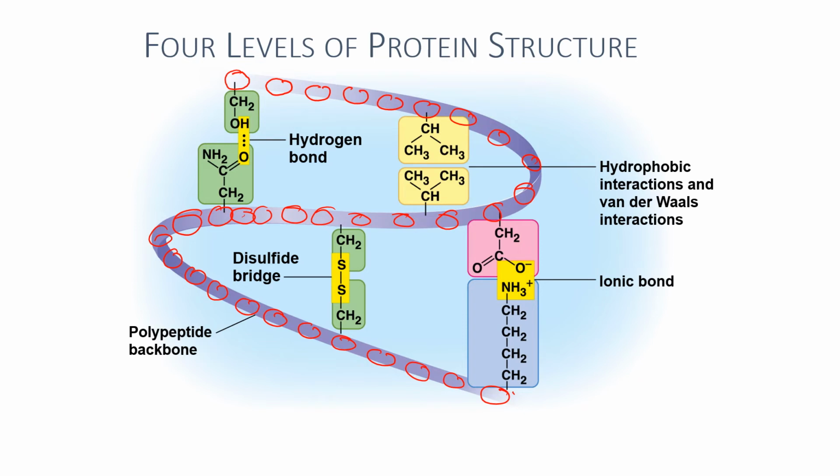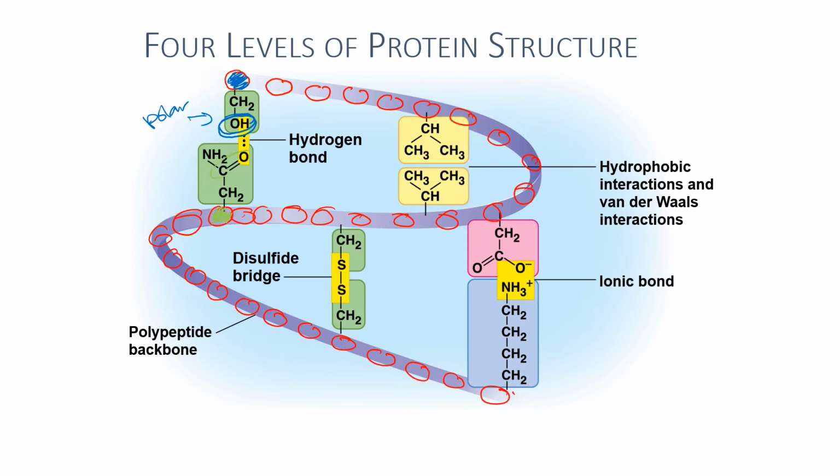For example here, this amino acid has a side chain that is polar because it has a hydroxyl group. Along the polypeptide chain, it meets another amino acid that also has a polar side chain.